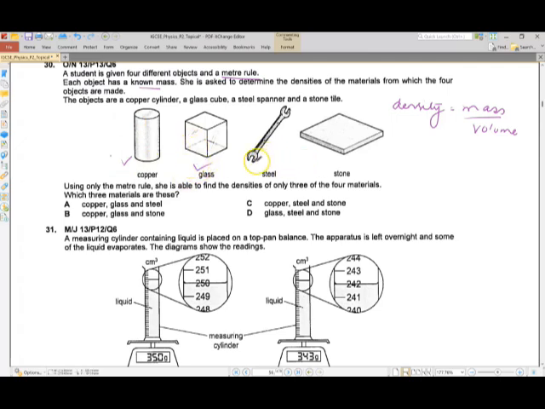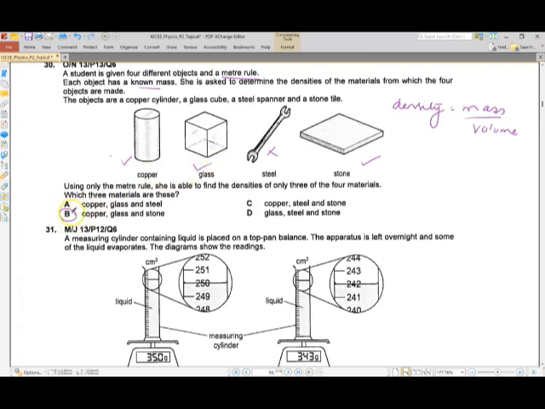For the spanner, she won't be able to find the volume, which comes from the dimensions. So this is not it. And the tile's dimensions can also be measured by a meter rule. So we need copper, glass, and stone as our options. So this is option B.